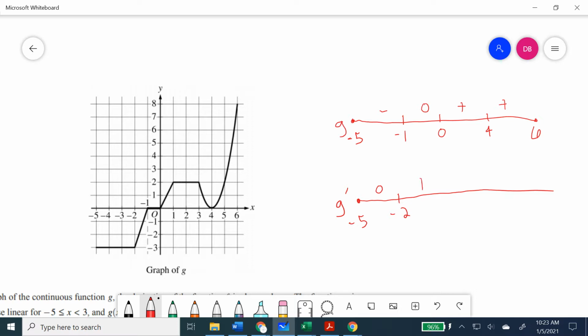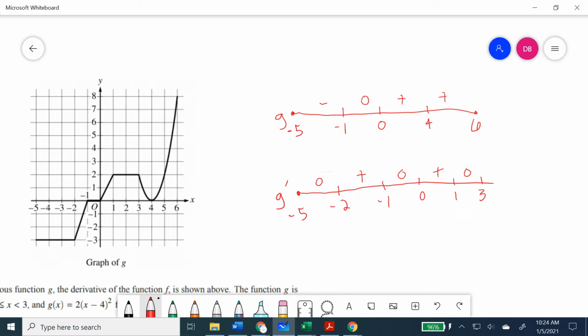Then it heads up until -1. It is flat until 0. It heads up until 1. It is then flat until x equals 3. Then it goes down. It goes down until I reach x equals 4, and then it goes up the rest of the way, and I reach my final time 6.